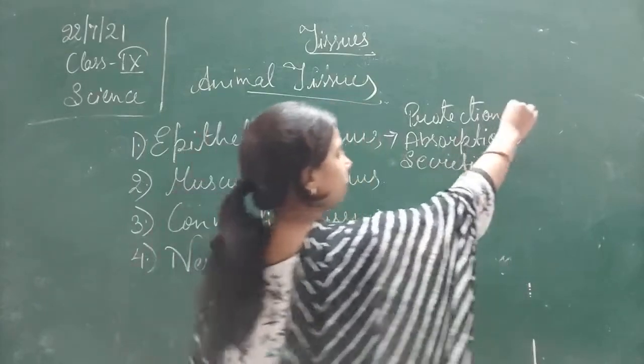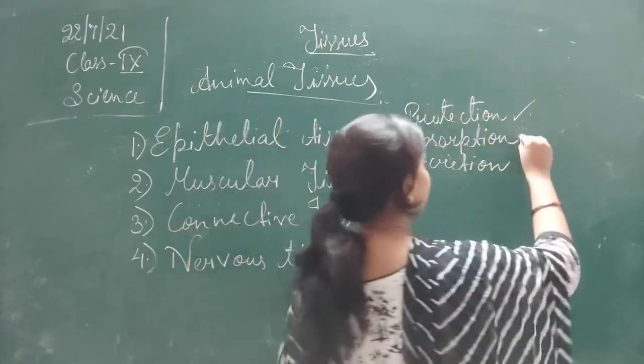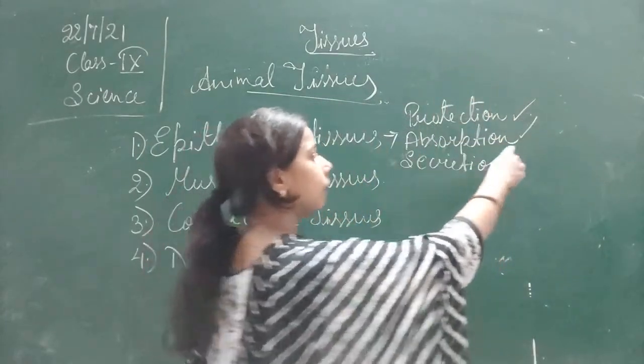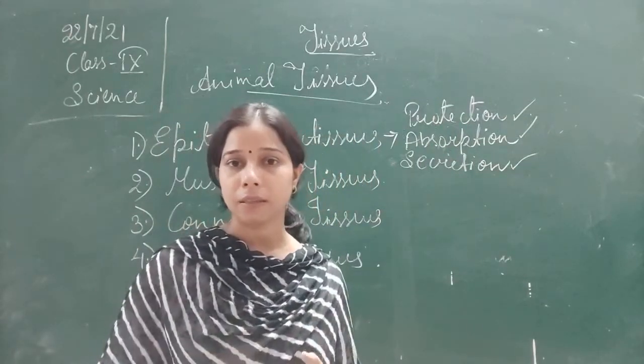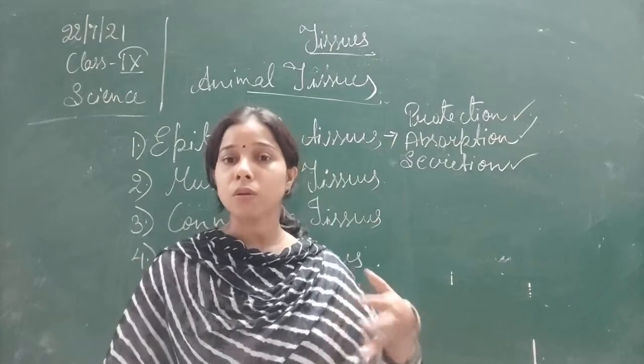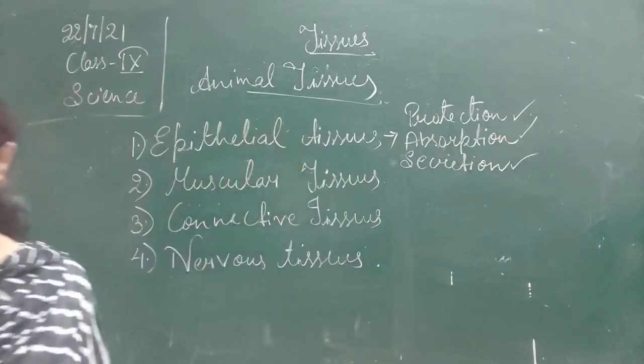So it helps in protecting, a lot of things will get absorbed, and finally it also works to secrete substances. So that is also a function of the epithelial tissue.